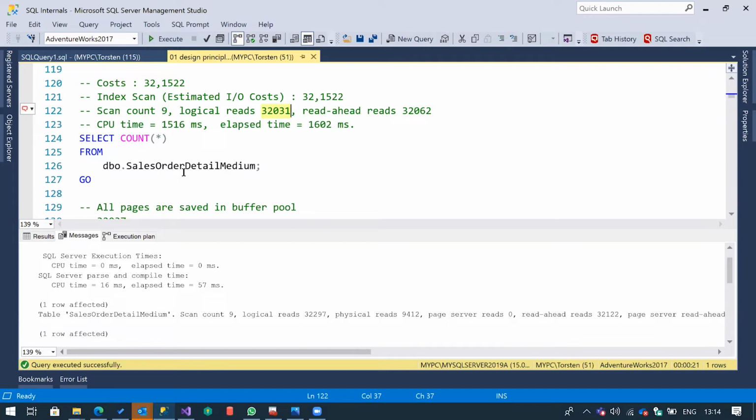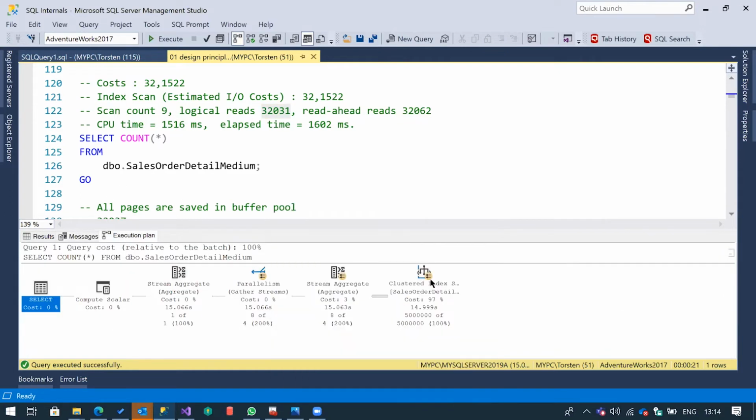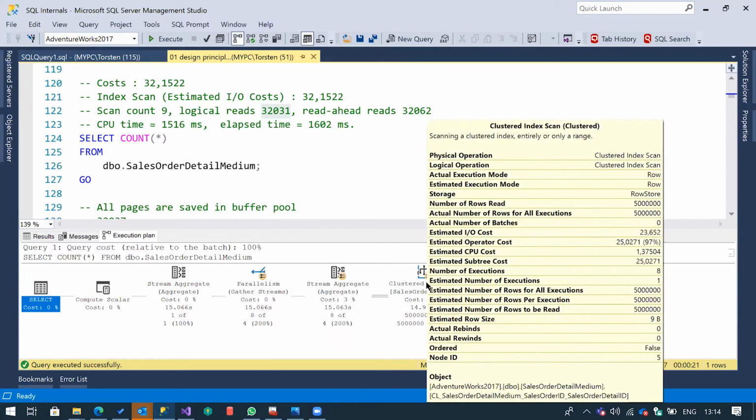If this query runs faster or slower, the next query I will execute to compare will also run maybe a little bit faster or slower than before. The problem is the following. First of all, we can see the clustered index scan. We can see the estimated IO cost, which is this time 23. Last time it was 32. But again, who cares?